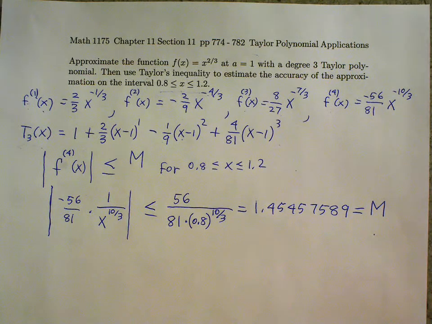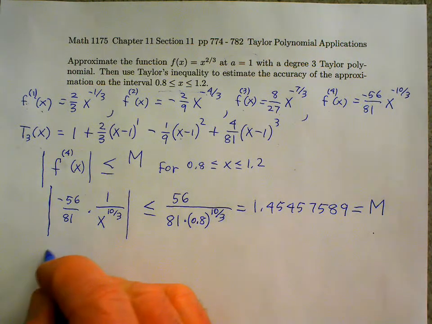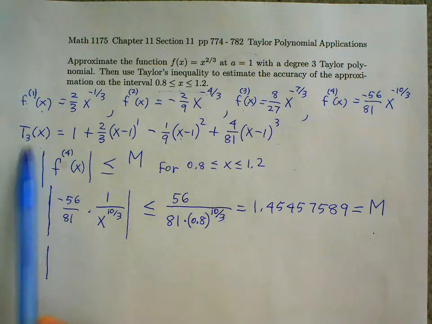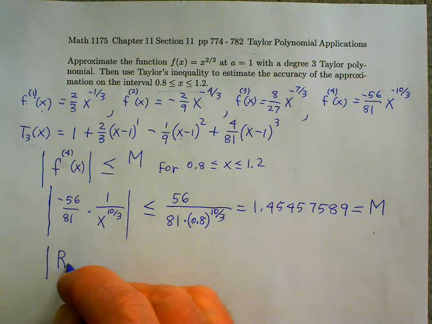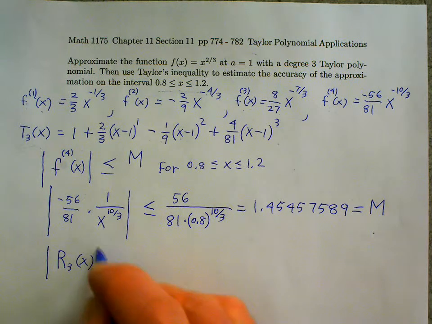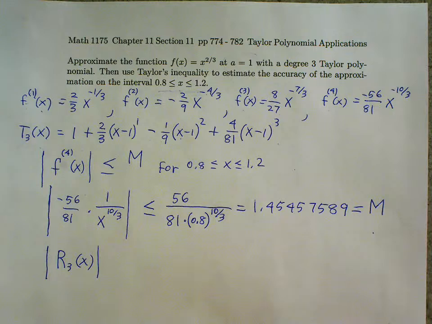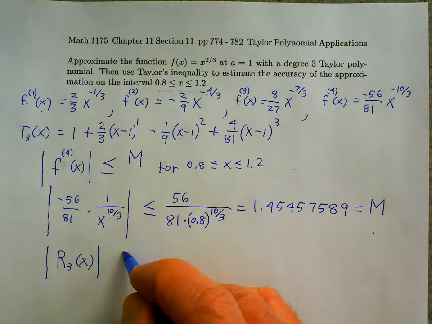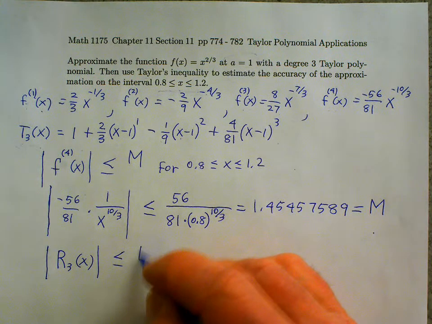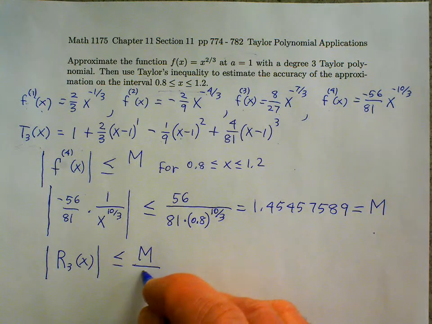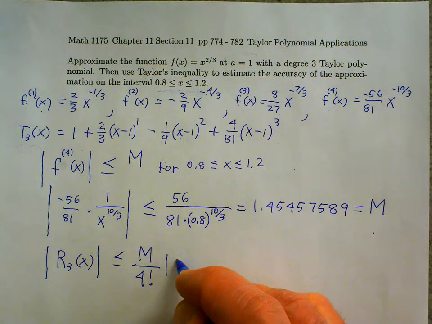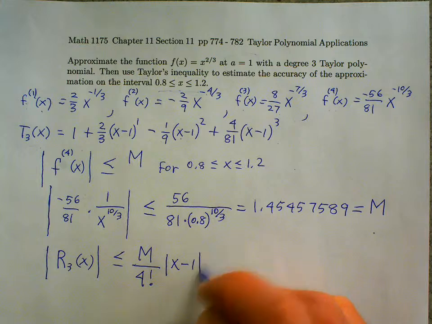Okay, so the other part of Taylor's inequality is the remainder for the degree 3 Taylor polynomial, denoted by r sub 3 of x. And this will be less than or equal to the number m divided by 4 factorial times the absolute value of x minus 1 to the 4th.